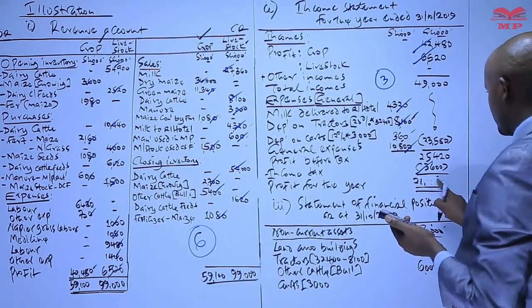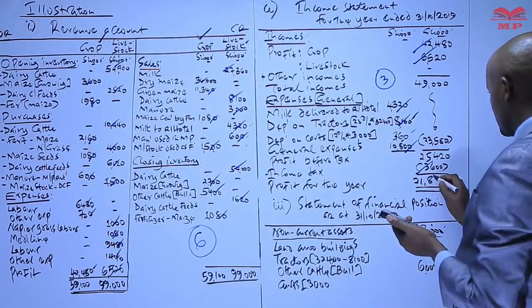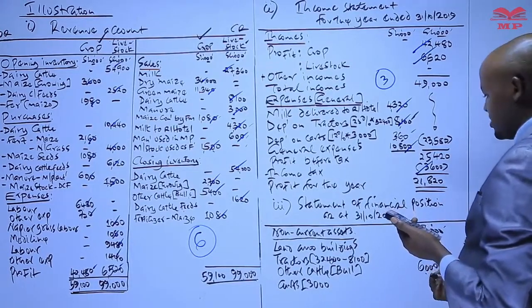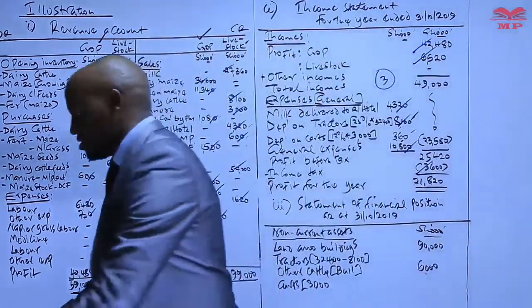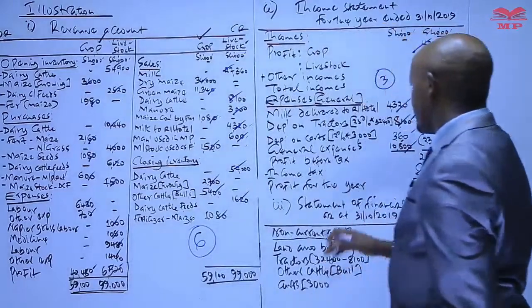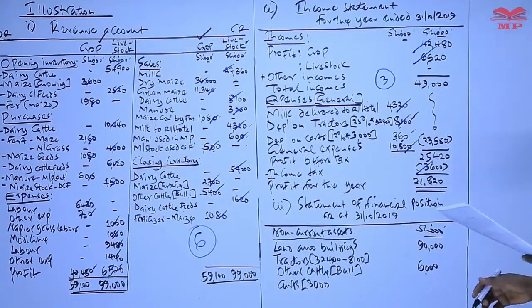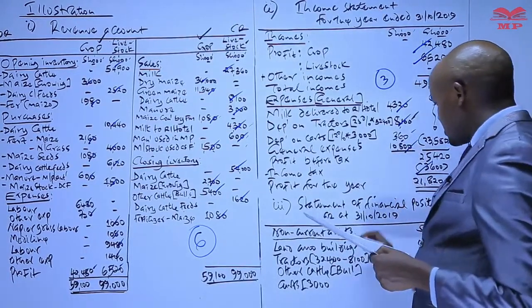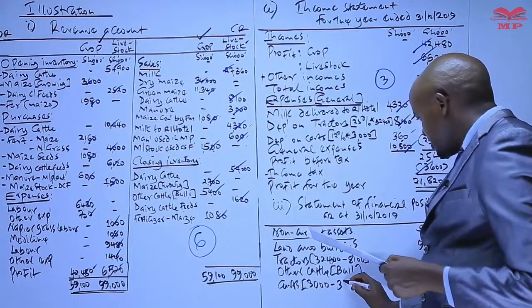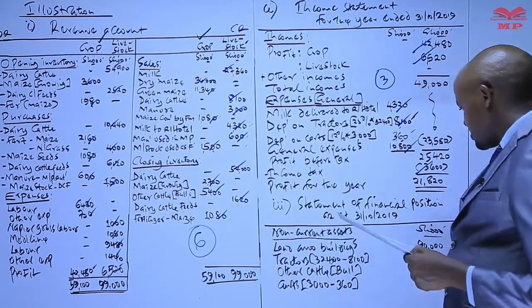So this will be 21,820. Yes, that should be the correct figure. I had taken the wrong figure for cats there, 6,000 instead of 3,000. So cats are 3,000, and we deduct their depreciation here of 360.